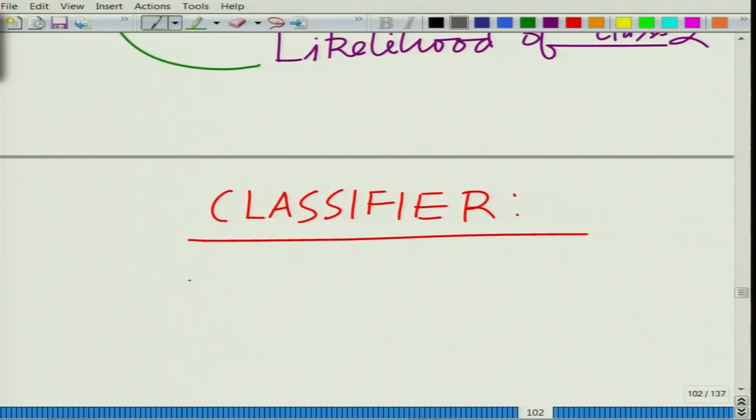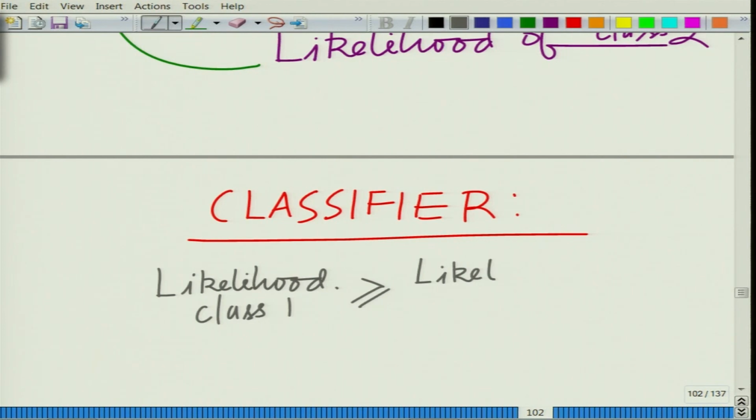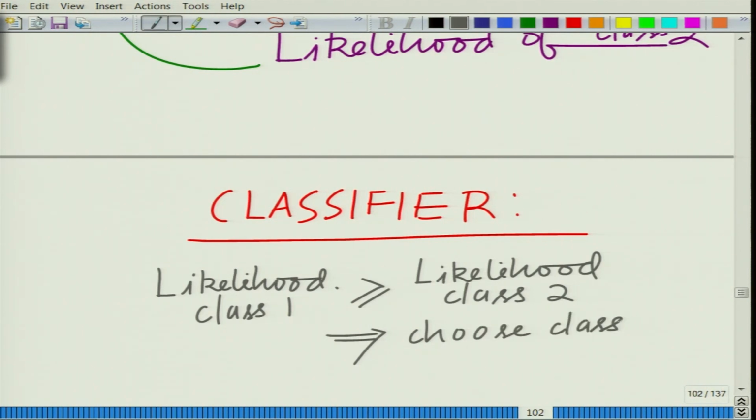So the classifier is very simple: if the likelihood corresponding to class 1 is greater than or equal to the likelihood of class 2, then choose class 1. That is your simple decision rule.